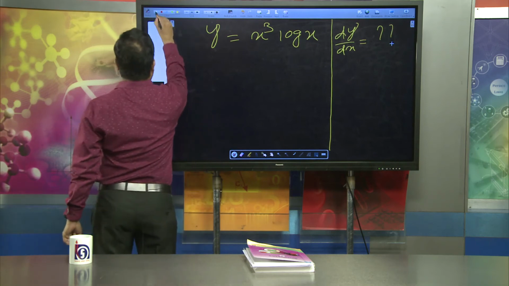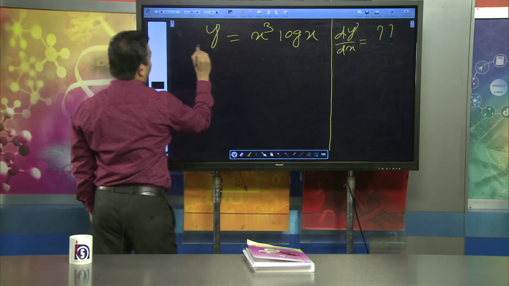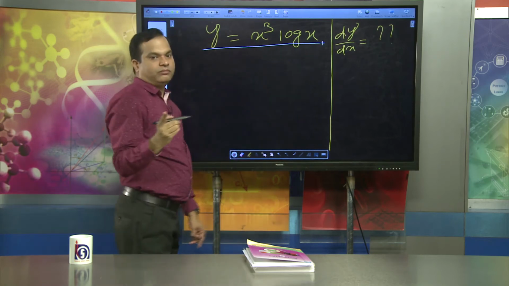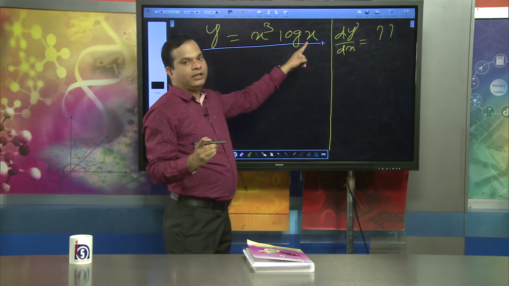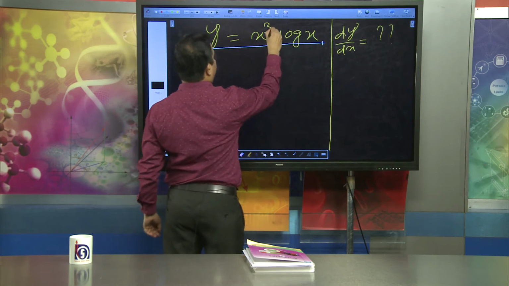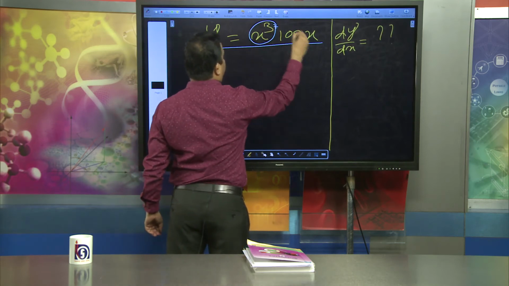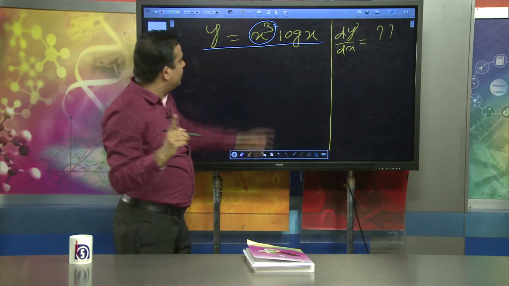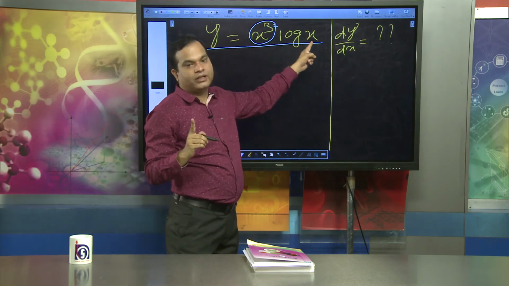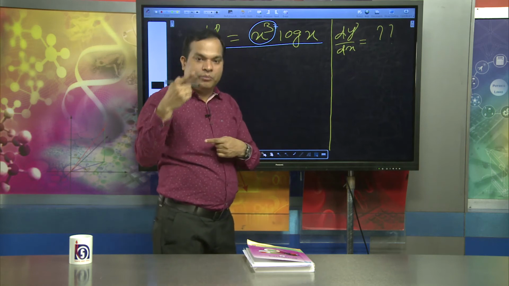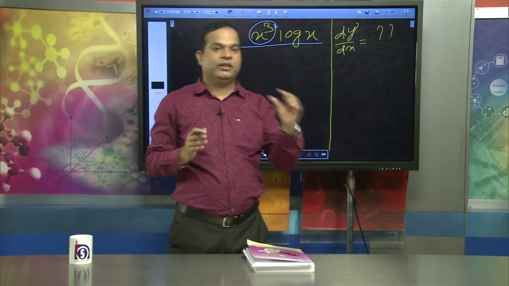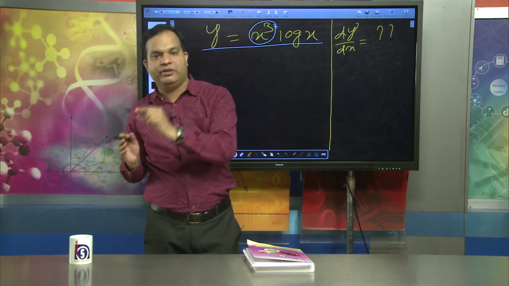Okay. So, now when talking about y equal to x cube log x, what do you observe? There are two things here: one is x cube, which is one of the variables, and log x is the other. So, I can say it is in the form of uv. There is a formula you already know: derivative of uv means first into derivative of second plus second into derivative of first.